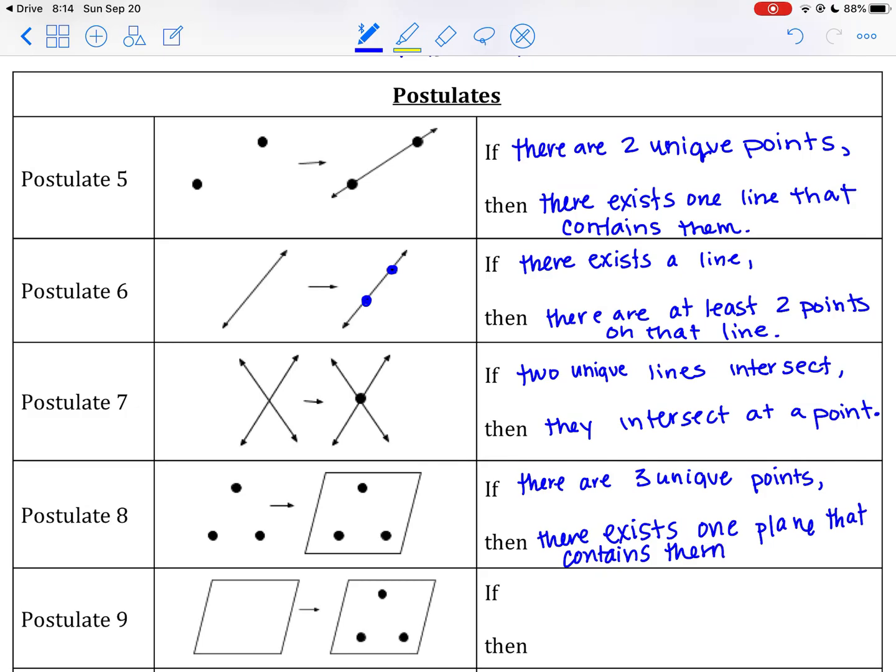So if there are 3 unique points, then there exists one plane that contains those 3 points, and these 3 points are non-collinear.